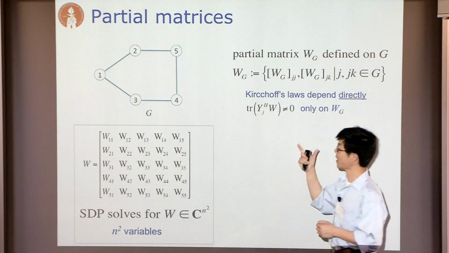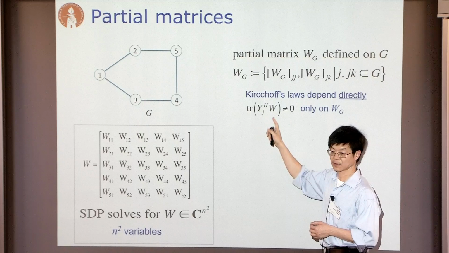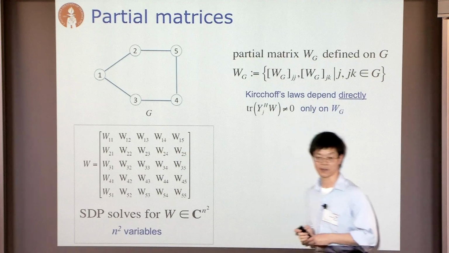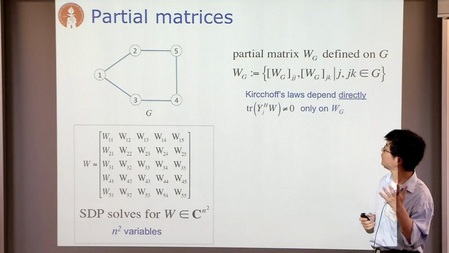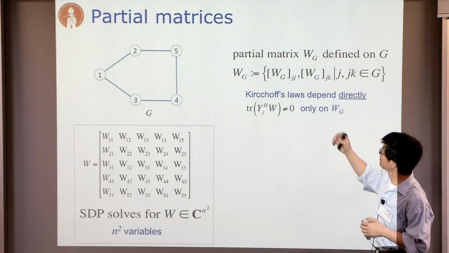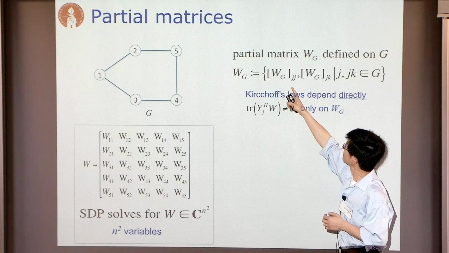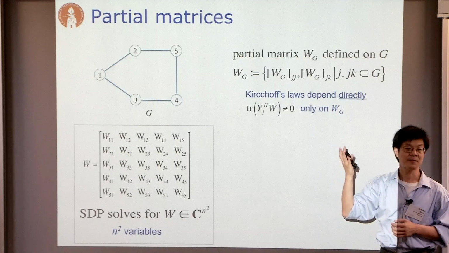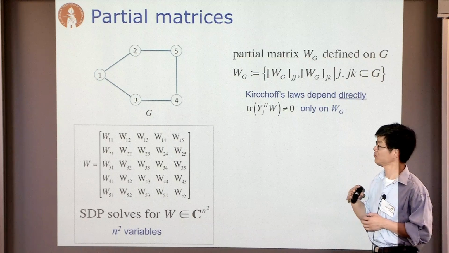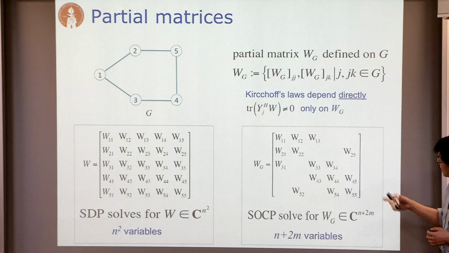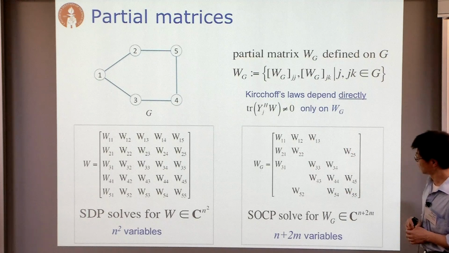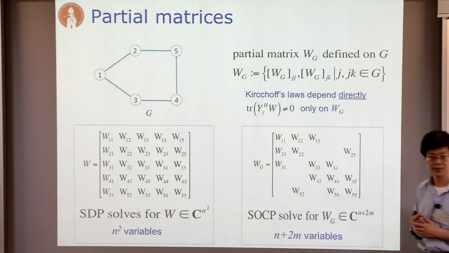If there's no link between i and j, then this expression doesn't depend on Wij. And therefore, you can think of what's called a partial matrix is simply a set of complex numbers that corresponds to the entries for which you do have a link plus the diagonals.